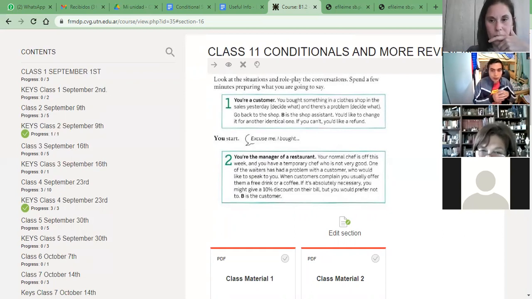And I would like to change it for another identical one, if that's possible. It's not possible because we don't have more. You don't have more. Okay.